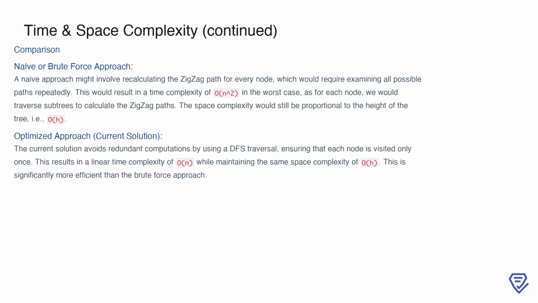The space complexity, however, would still depend on the height of the tree, or O(h). In contrast, our optimized approach eliminates these redundant calculations by ensuring each node is visited only once during the depth-first search traversal. This allows us to achieve a linear time complexity of O(n), while maintaining the same space complexity of O(h), making it significantly more efficient.